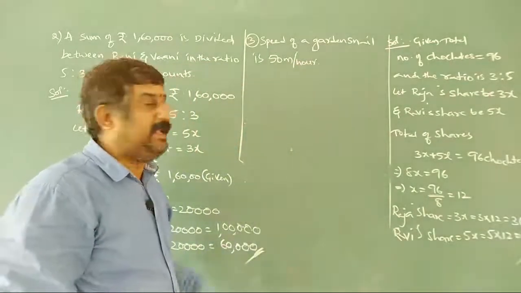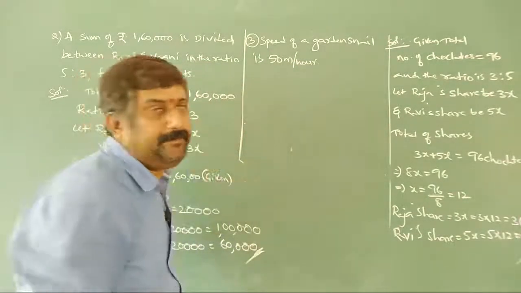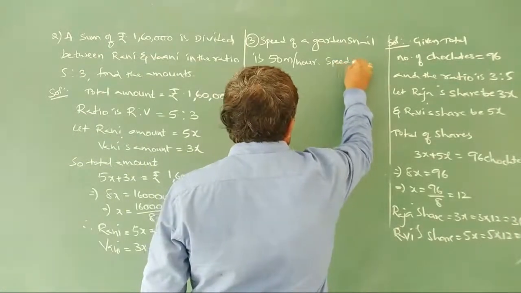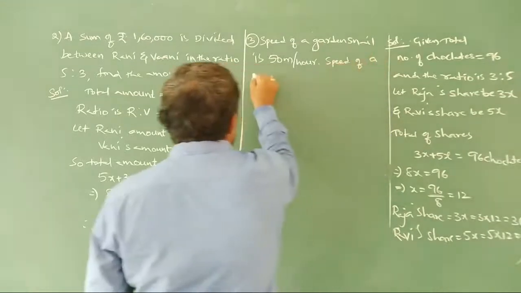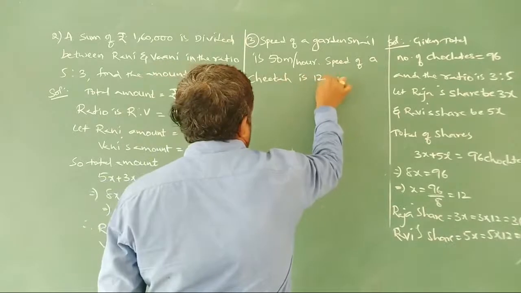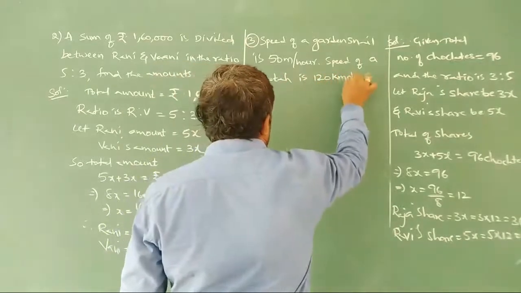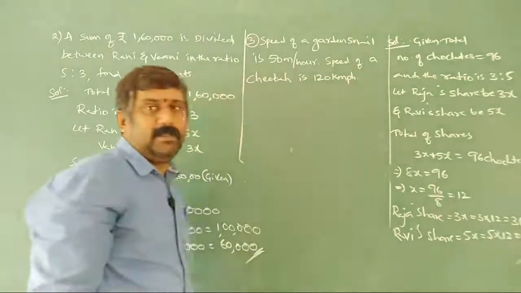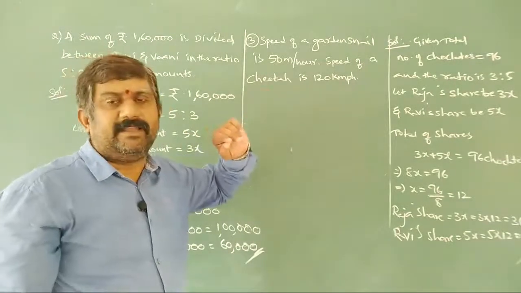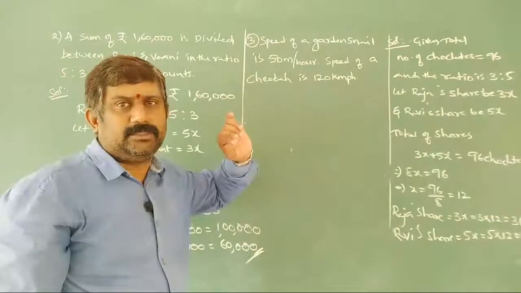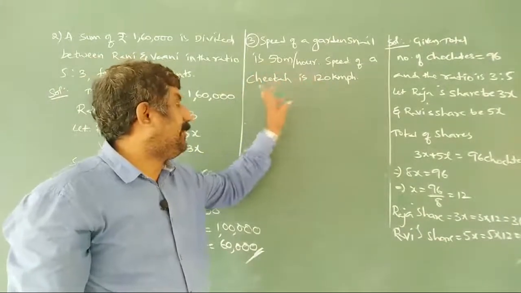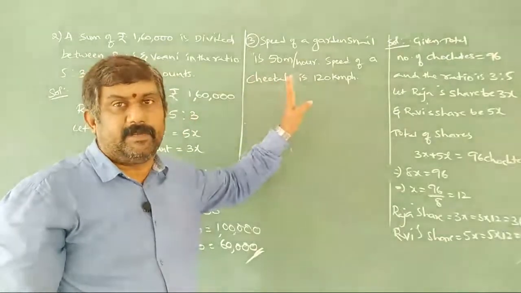Now, speed of a cheetah is 120 kilometers per hour. Garden snail is nothing but small. Garden snail speed is 50 meters per hour and speed of cheetah is 120 kilometers per hour.